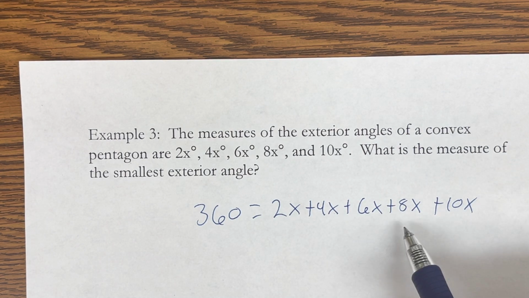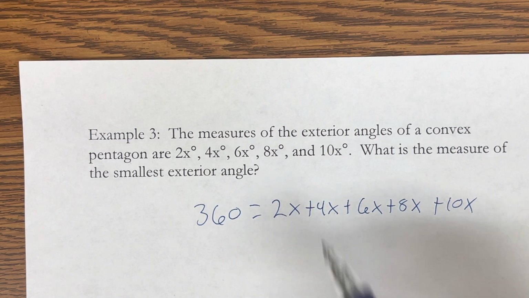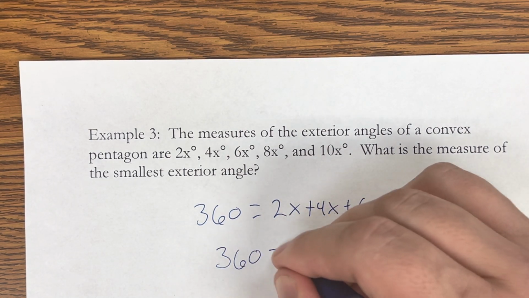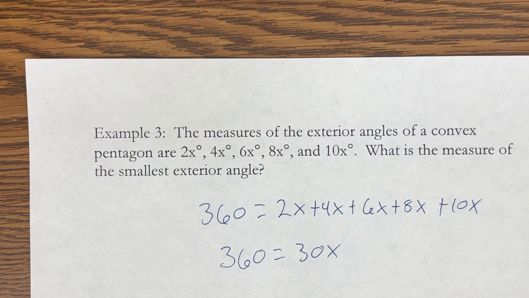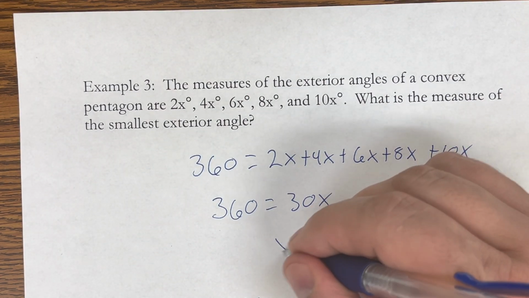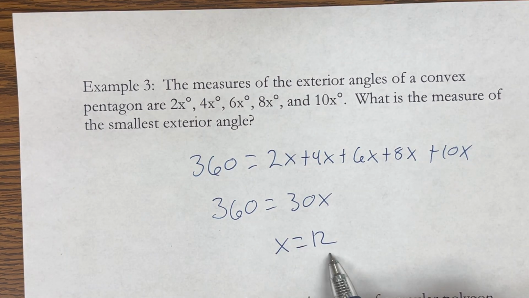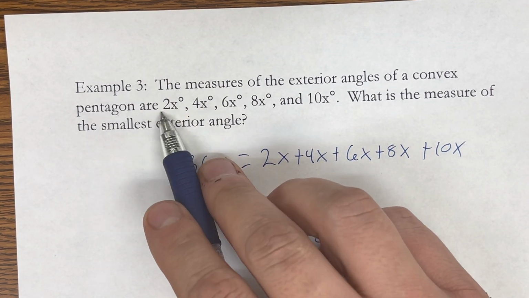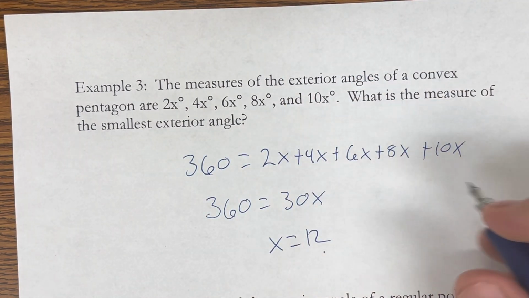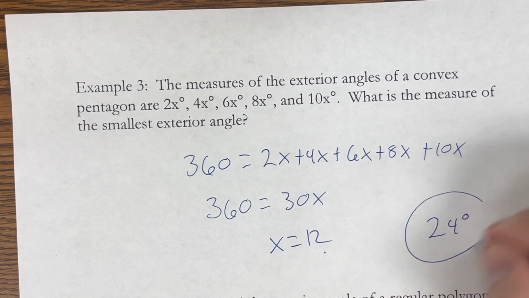So we have 30x. Divide by 30, and we get 12. Now it said to find the smallest one, so we have to plug it back in. 2x is the smallest one. 2 times 12 is 24 degrees.